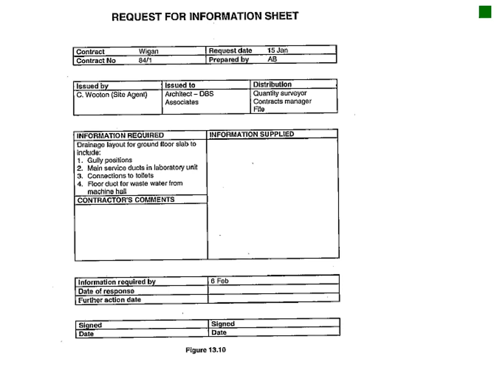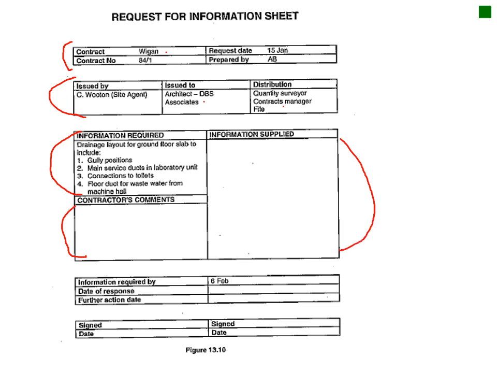Okay, then the breakdown. Your request for information sheet has the contract, the basic contract information. Then you get the information is required by who, to whom, and issued to whom. So the information required, and then you've got places where the information, when it's actually supplied, is to be filled in.